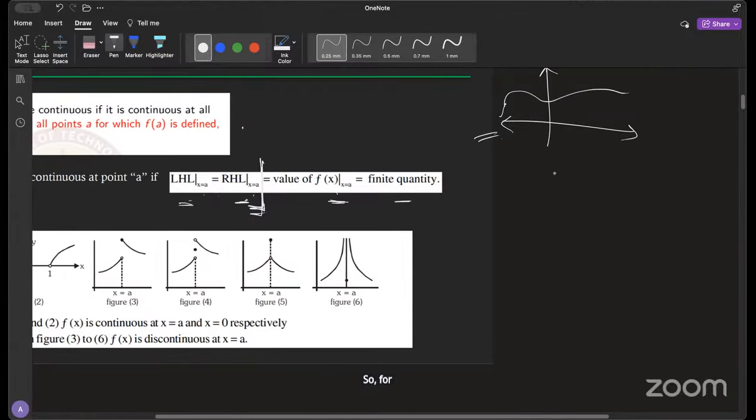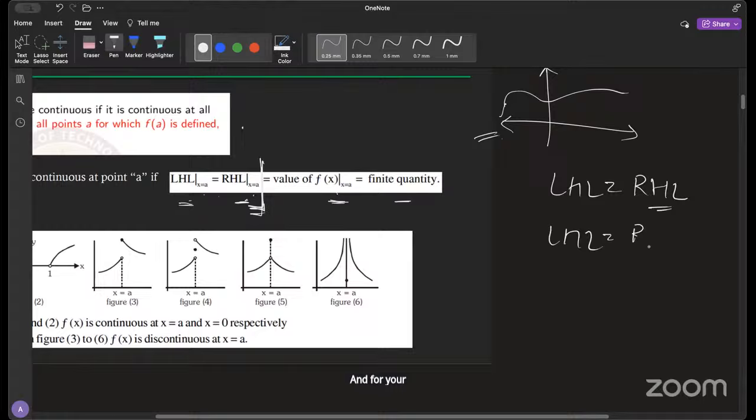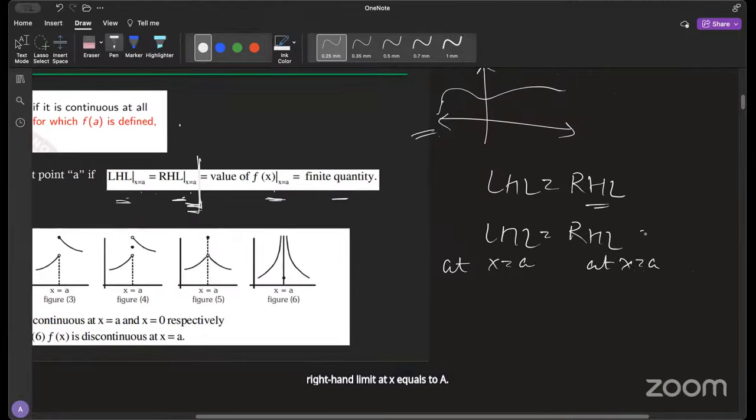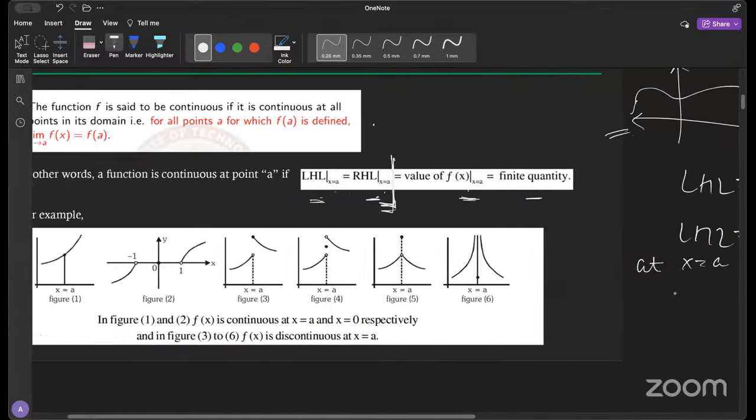So for a limit to exist, you need left hand limit equal to right hand limit, and that becomes your limit. And for continuity, you need these three things: the left hand limit and right hand limit at x equals A should be equal to the function's value at A. So this is for continuity, and this is for limit. Is this fine?